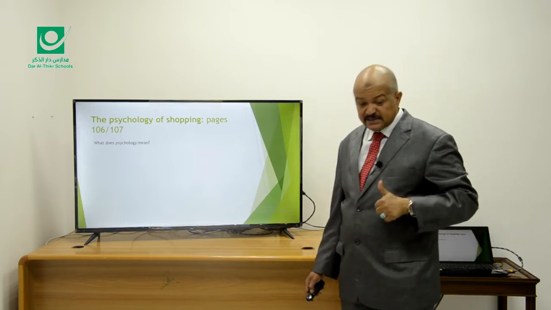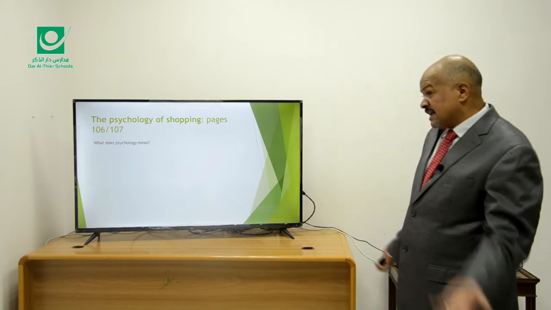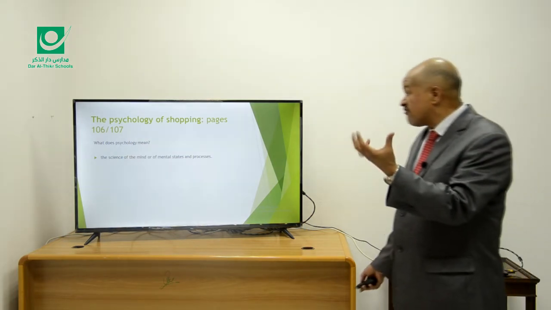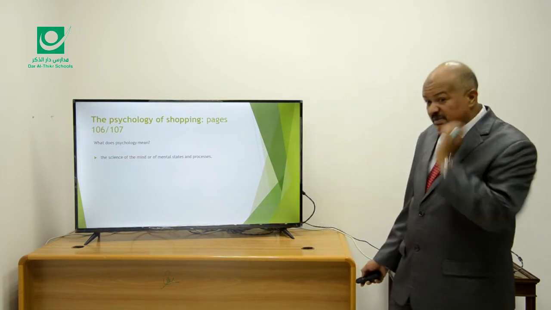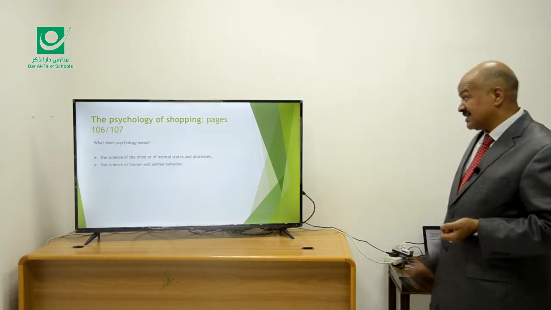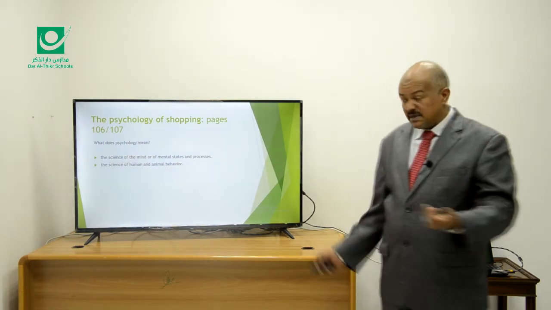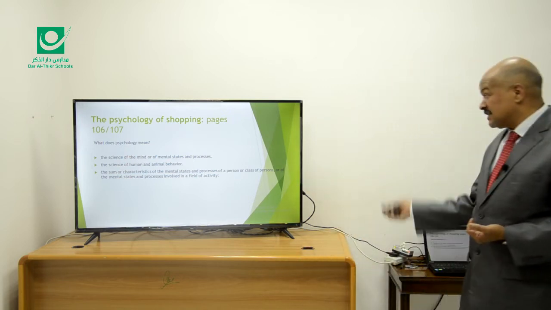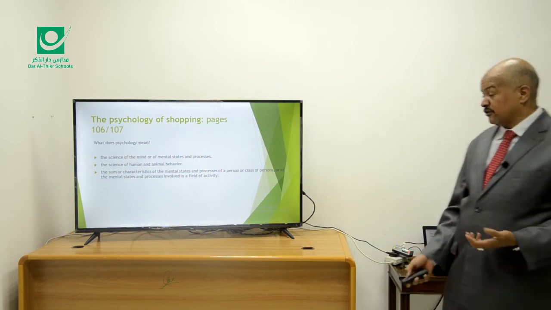According to Cambridge, it is the science of mind or of mental states and processes, the study of human personality, the study of human and animal behavior, and the sum or characteristics of the mental states and processes of a person or class of persons, or involved in a field of activity.